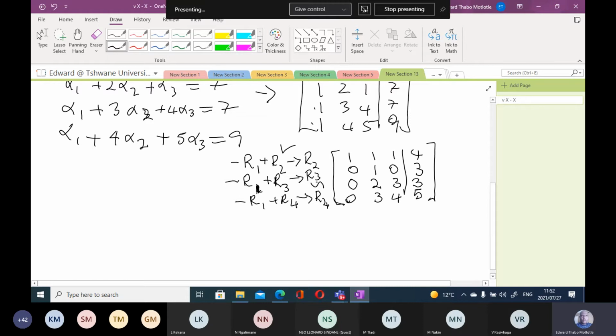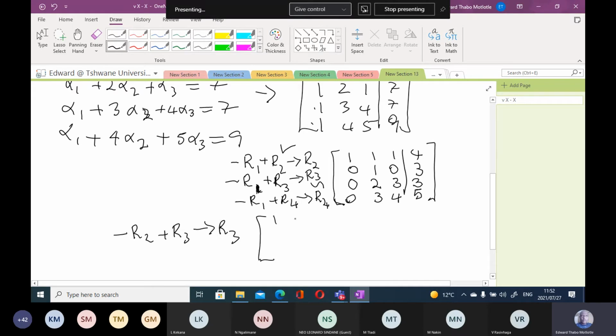Now, I want to get rid of these 2. I want it to be negative, and I must get rid of this 3 also. So let's see what we get. Minus row 2 plus row 3 and see what I get. It gives me row 3. This is the only operation I'm doing. I'll do 2 actually.